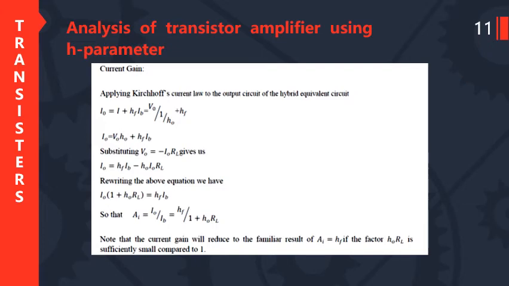So AI is equal to I0 divided by IB is equal to HF divided by 1 plus H0 into RL. Note that the current gain will reduce to the familiar result of AI is equal to HF if the factor H0 and RL is sufficiently small compared to 1.